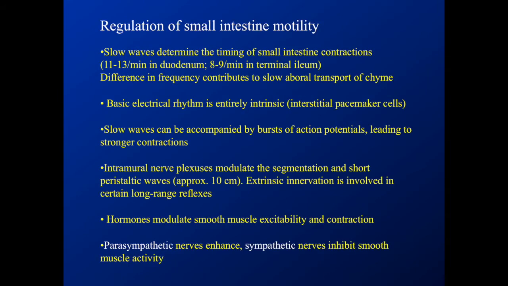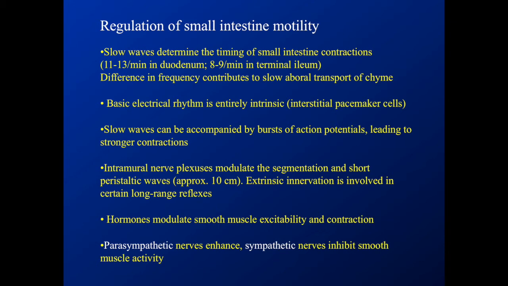And what creates this activity are the slow waves that come from the interstitial pacemaker cells. So the impulse is intrinsic, and that's what sets the mean frequency of these contractions.